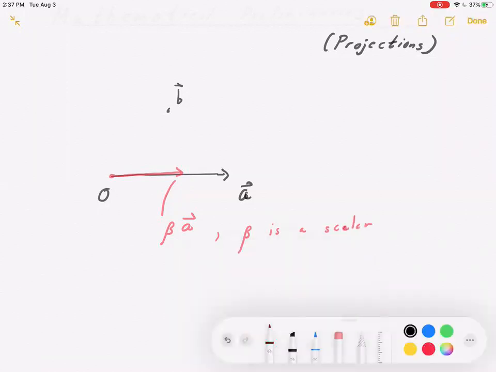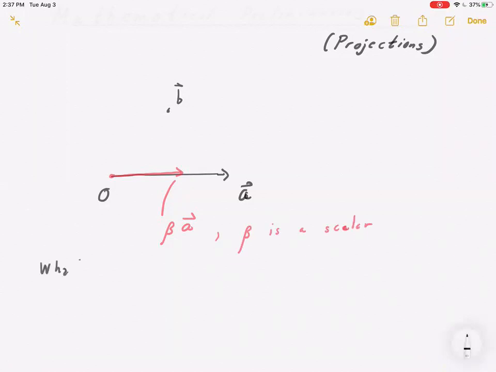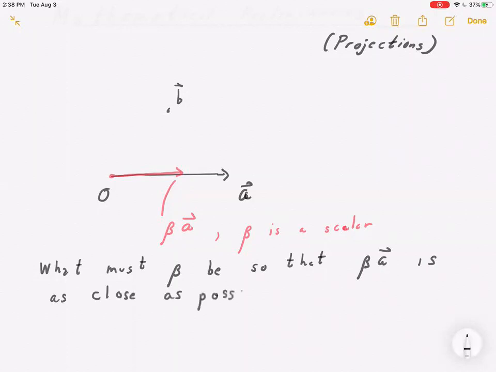So the question I want to ask is, what must beta be so that the vector beta times A is as close as possible to the point B?